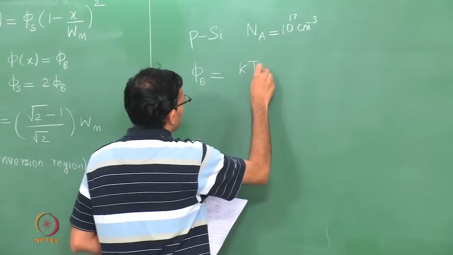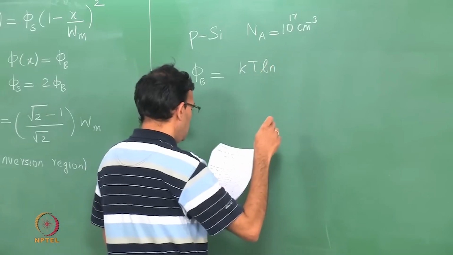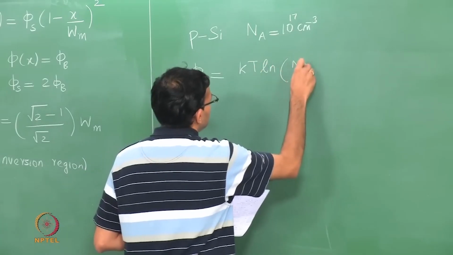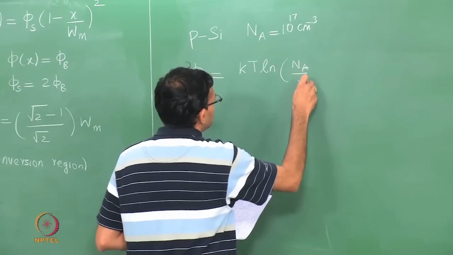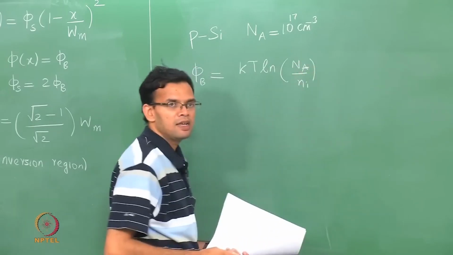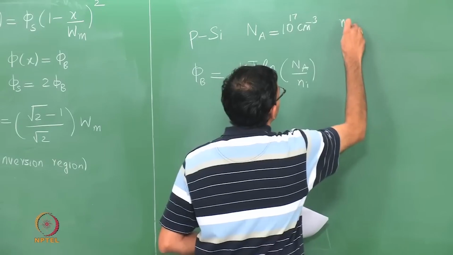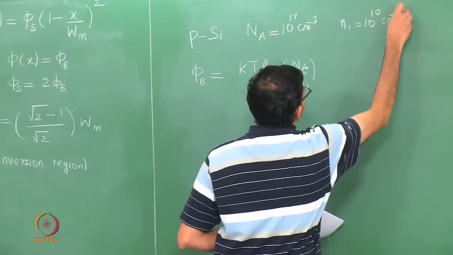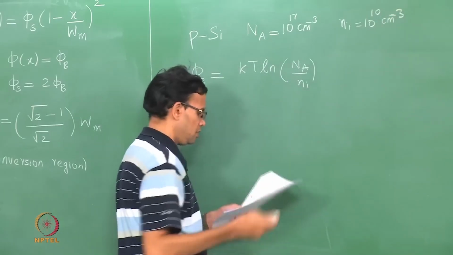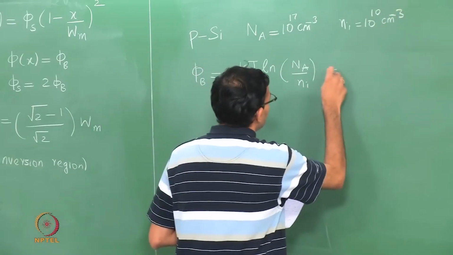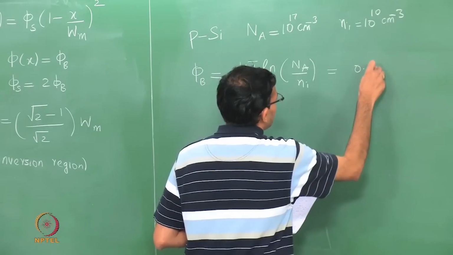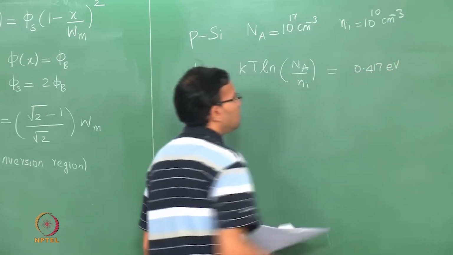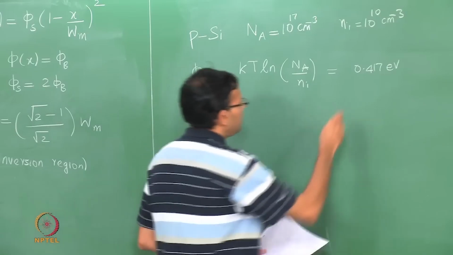That is nothing but kT ln of Na over Ni. If you have silicon, we know that Ni is 10 to the 10. So, this gives you a value of 0.417 electron volts, and this is below EFI.